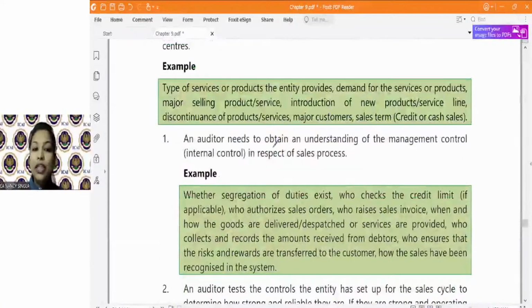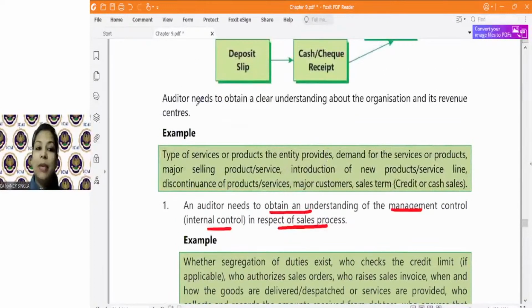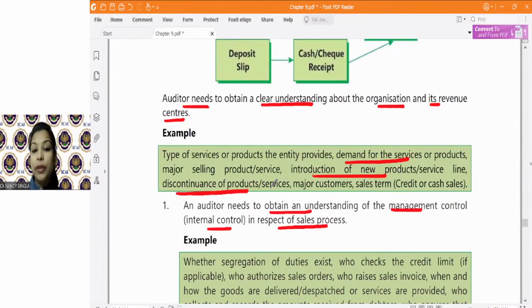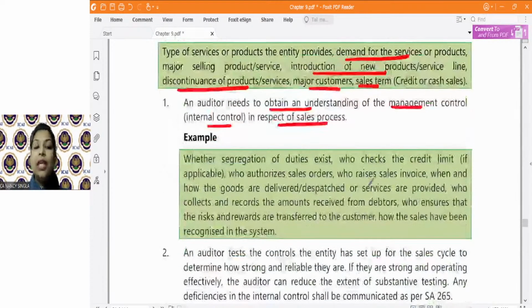See, the auditor needs to obtain an understanding of the management's control in respect of sales process. And see, here it is mentioned that auditor needs to obtain a clear understanding about the organization and its revenue centers, like the demand for the products, introduction of new products, discontinuance of products, major customers, sales terms, whether these are being given on credit or cash. He needs to obtain an understanding of the internal controls.